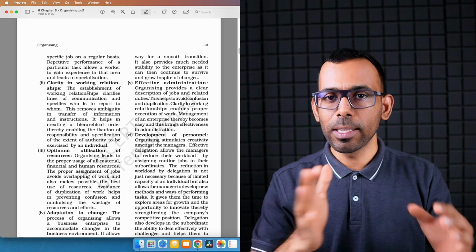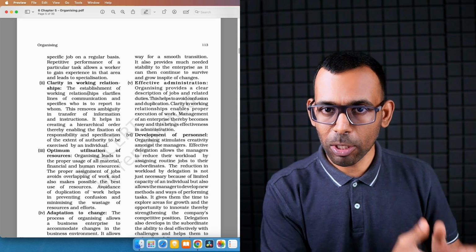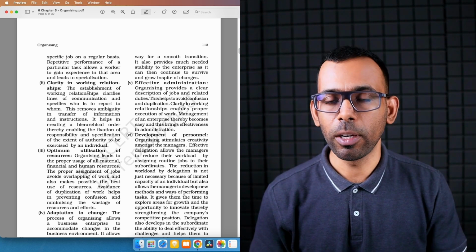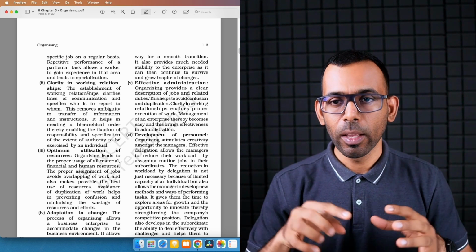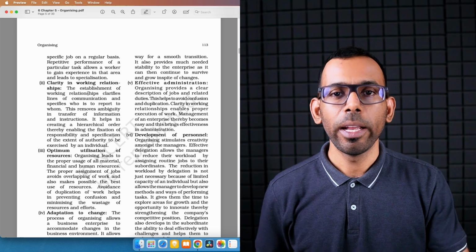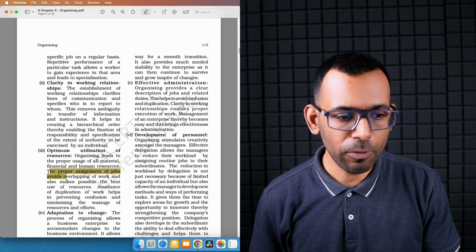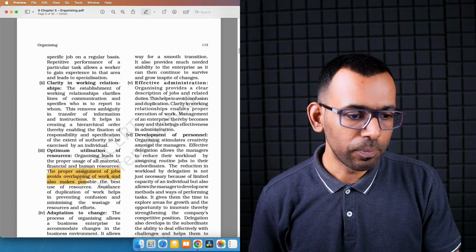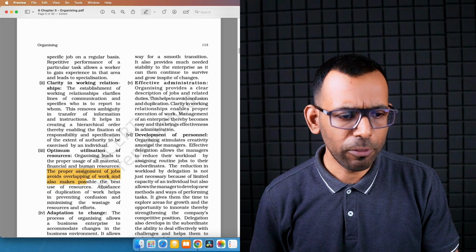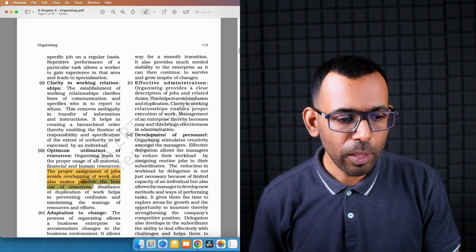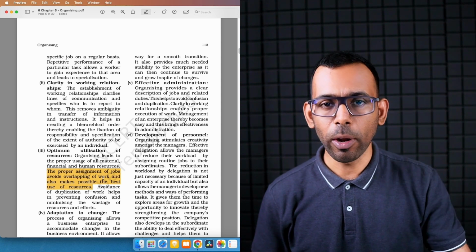So there is a clear division of work, a clear establishment of hierarchy, a clear definition of scope of responsibility. Whatever I am doing, the other person will not do. That means it avoids overlapping of work, which you can see in this point. This proper assignment of jobs avoids overlapping of work and also makes possible the best use of resources. So this is one point.